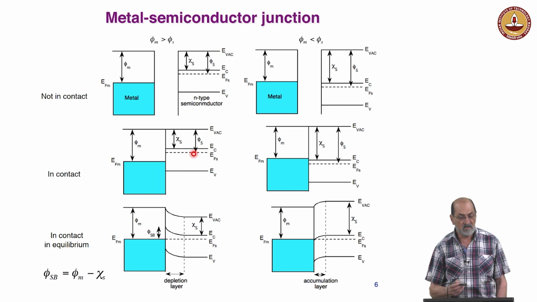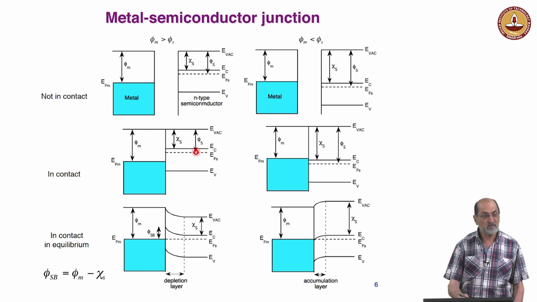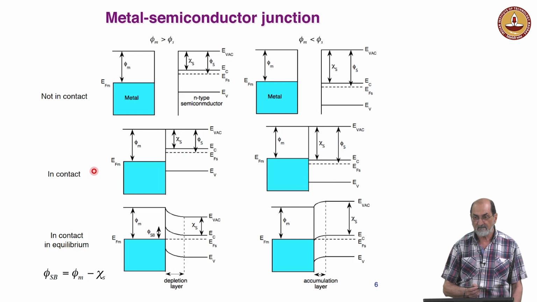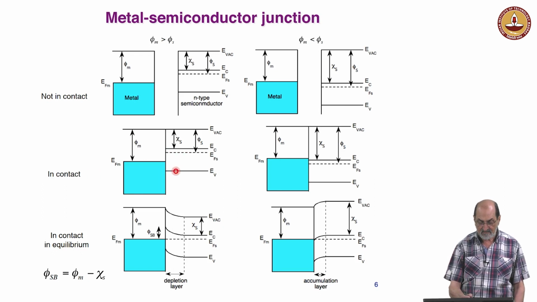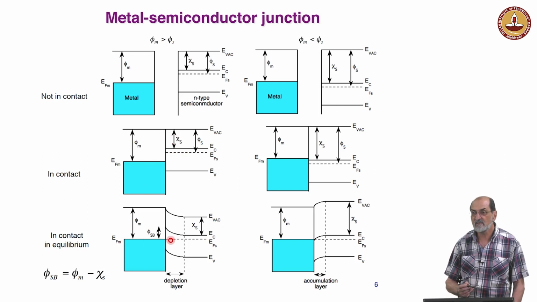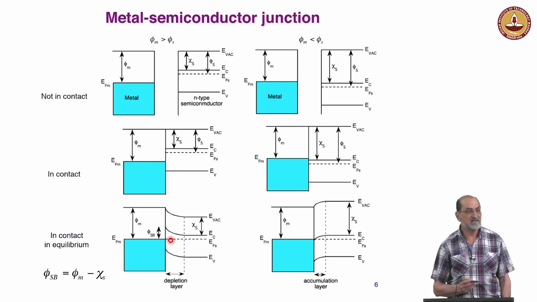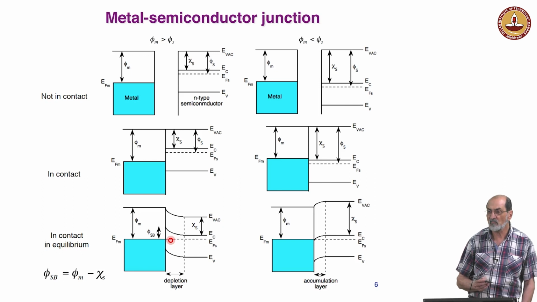So to establish equilibrium, some charges have to go from the semiconductor, where the Fermi level is higher, to the metal, where it is lower. When that happens, electrons from the semiconductor start dropping into the metal up to the point at which the Fermi levels of the metal and the semiconductor are the same, and we are in equilibrium.